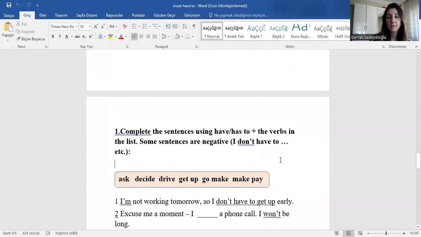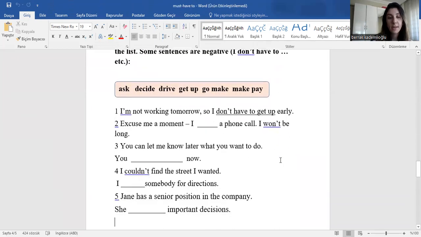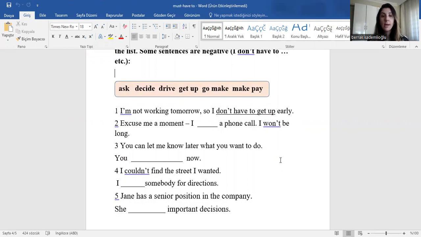Okay, I have exercises. I prepared exercises for you. Complete the sentences using have to, has to, plus the verb in the list. Some sentences are negative. I don't have to. Here are your verbs: ask, decide, drive, get up, go, make, and pay.